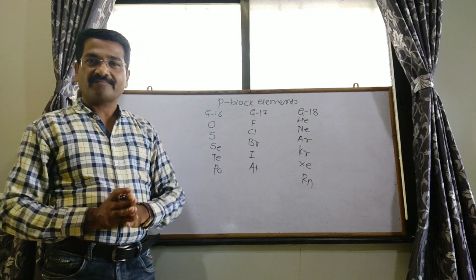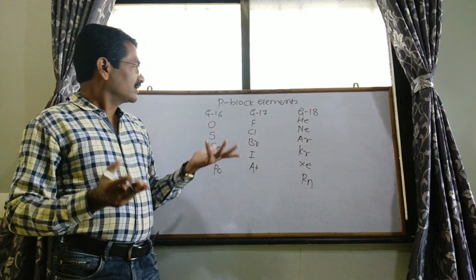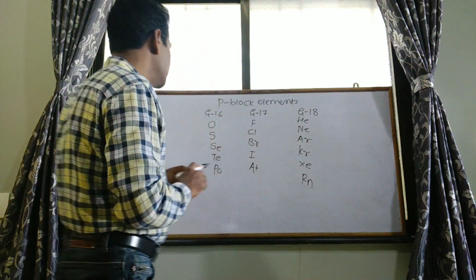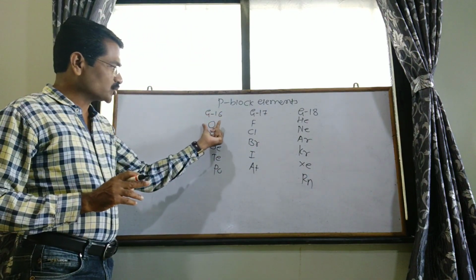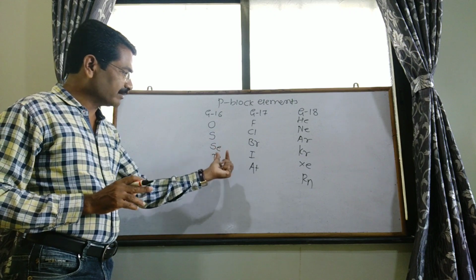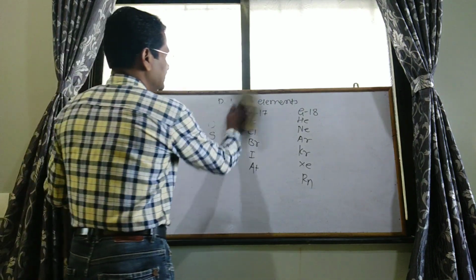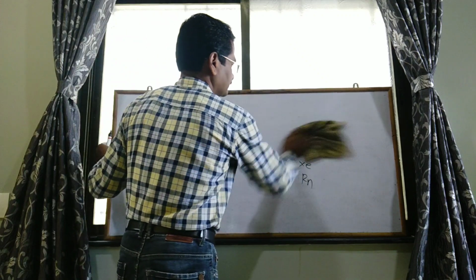So first of all, let's see what the group 16 elements are. Firstly we study the group 16 elements: oxygen, sulfur, selenium, tellurium and polonium.